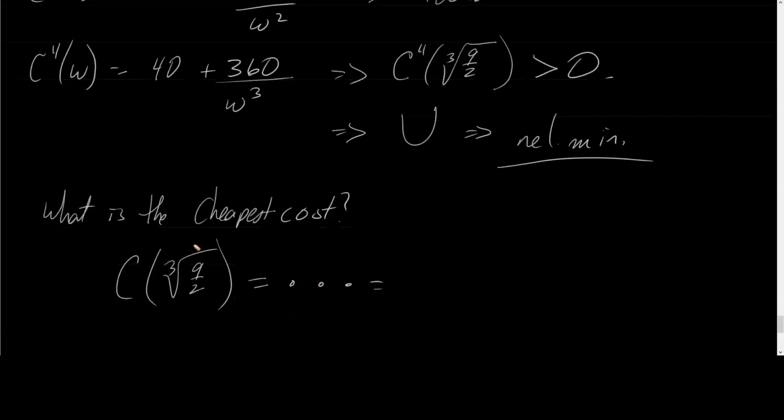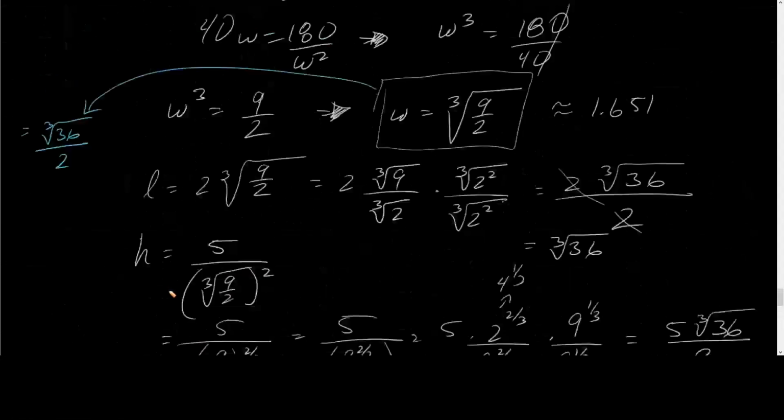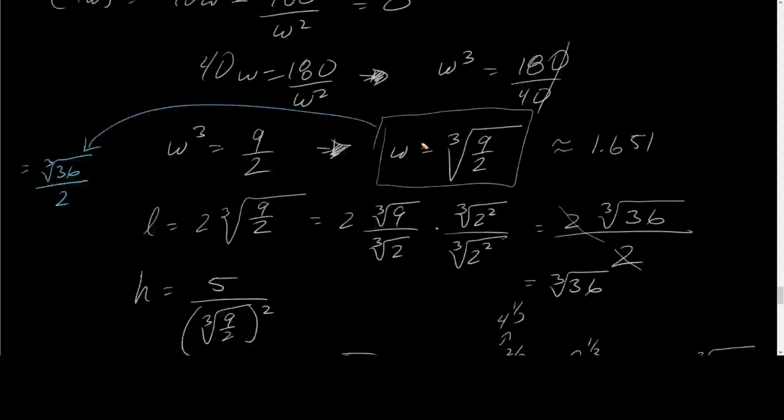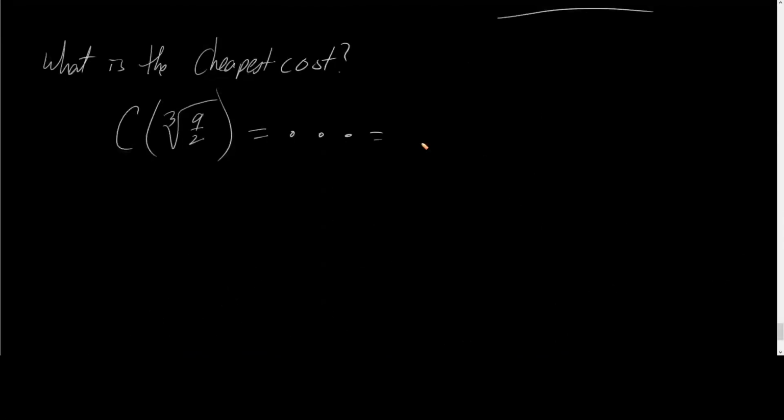I'll leave that up to you because all we're doing is plugging in the cube root of 9/2 into here. All right. But I will tell you what it is. The cost is approximately $163.54.